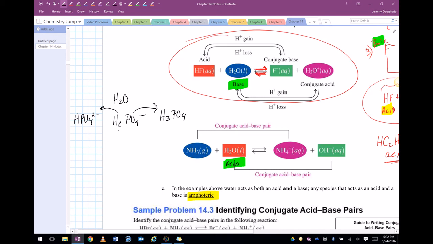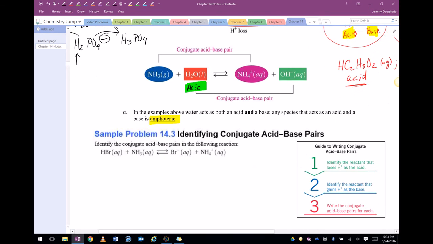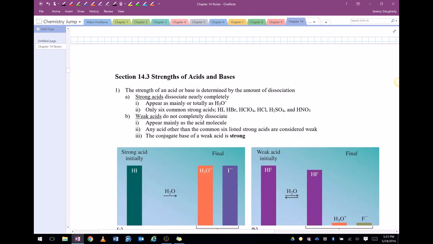So if it has a leading hydrogen and a charge, usually a negative charge, it can be amphoteric. And that's all I got to say about that.